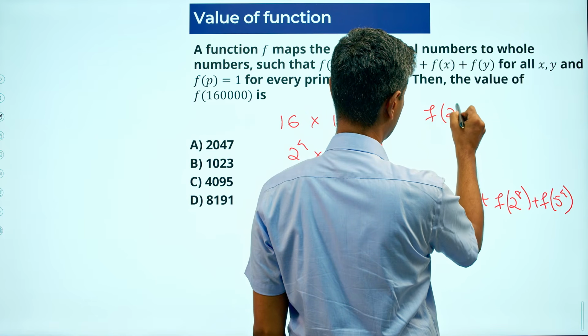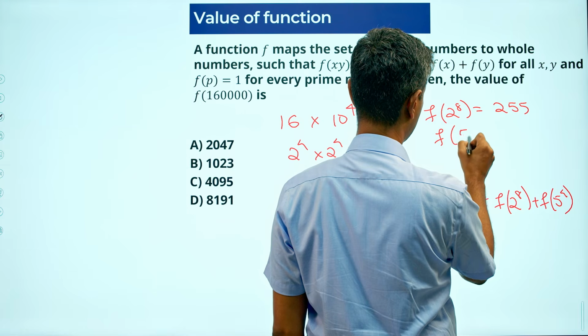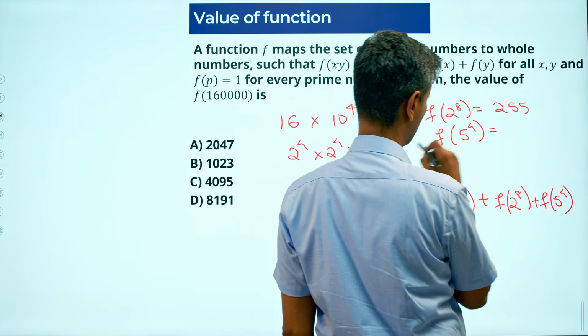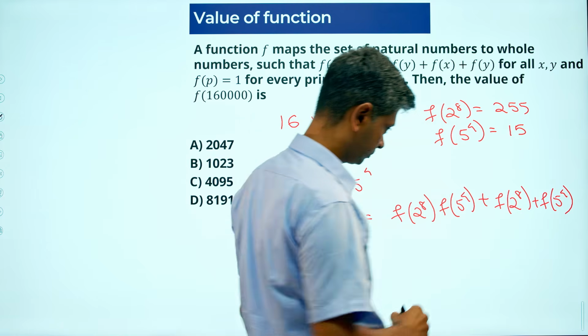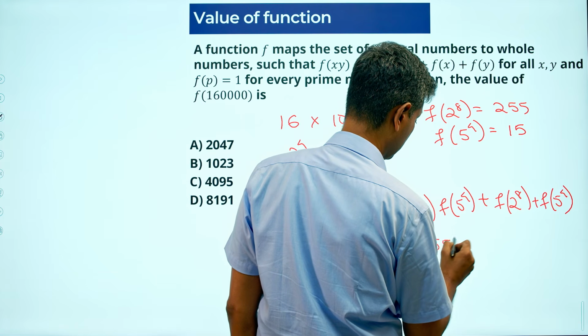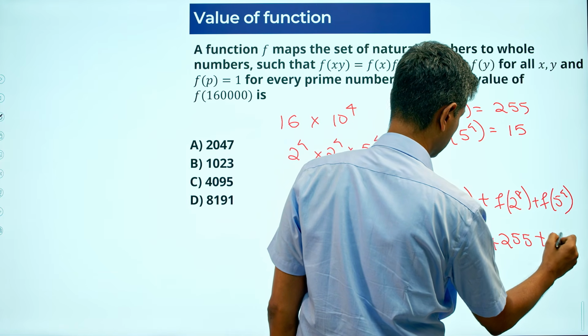F of 2 power 8 is 255. F of 5 power 4 is 2 power 4 minus 1, 15. We're looking for 255 into 15 plus 255 plus 15.